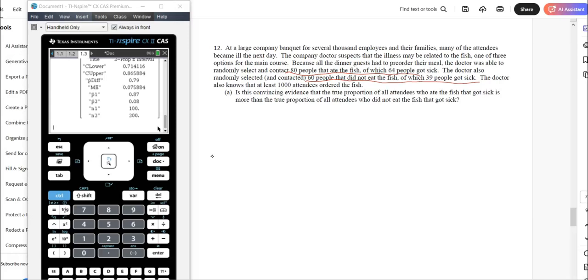Doctor knows at least 1,000 attendees ordered the fish. Okay. Is there convincing evidence the true proportion of all attendees who ate the fish got sick, more than those who did not eat the fish that got sick? Okay. So what's in the state here? So we want the alpha level, 5%.